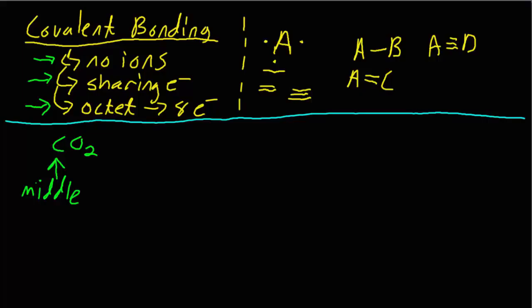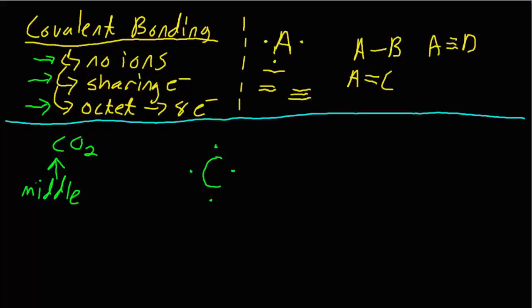So carbon is going to be in the middle of my Lewis structure, and carbon has 4 valence electrons, so I'm going to draw 4 electrons, and remember I'm going to spread them out as much as possible here, across the 4 sides, at the top, the bottom, the right, and the left.